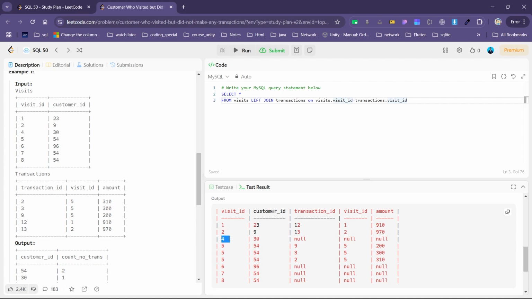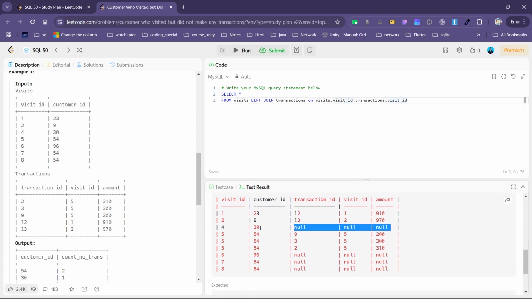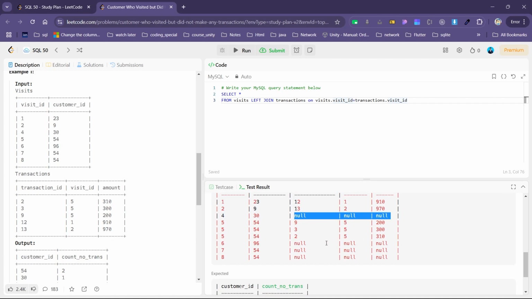But if the visit ID in the left table does not match any visit ID in the right table, we will have null entries. You see this customer with ID of 30 has visit ID of 4. He visited the mall but did not make any transactions. That's why the transactions entry has null values in it, right? Similarly, you see 54.